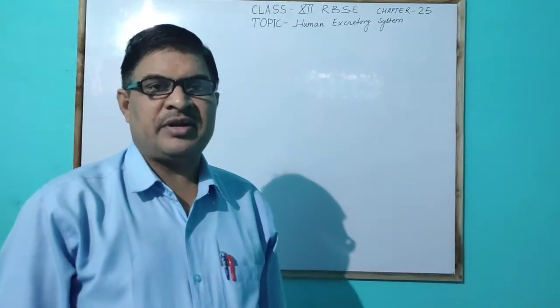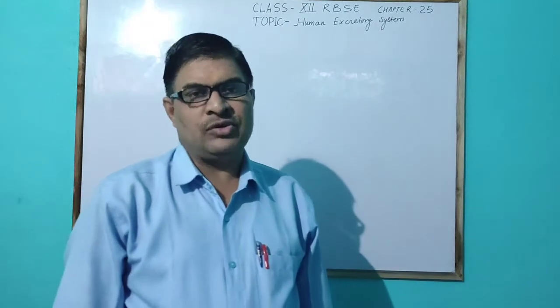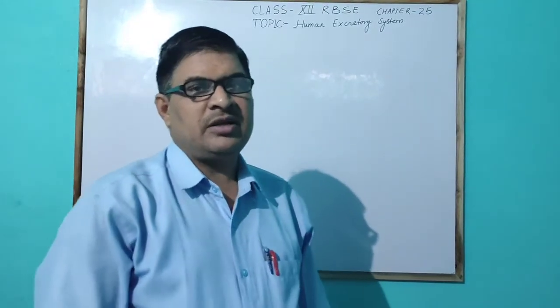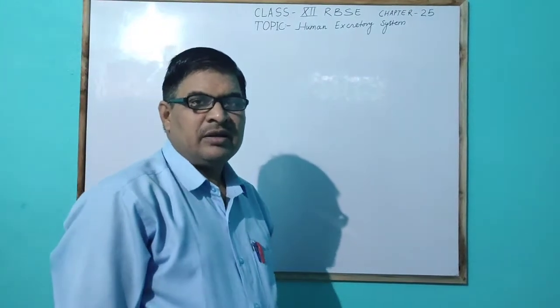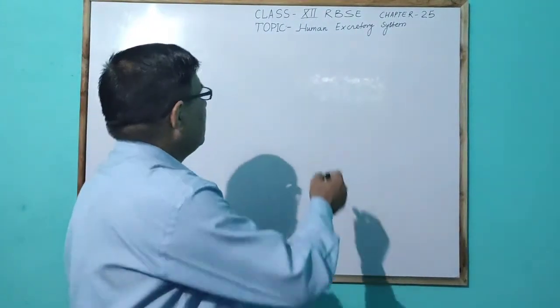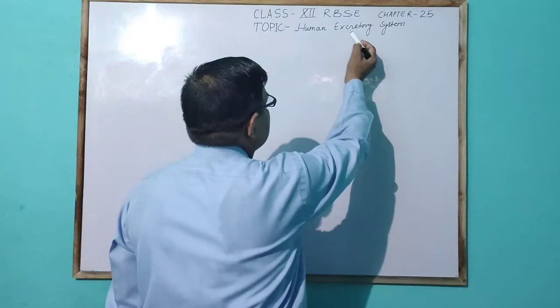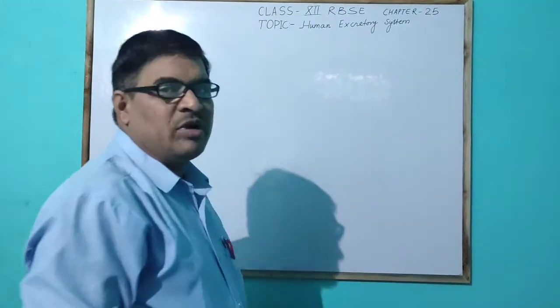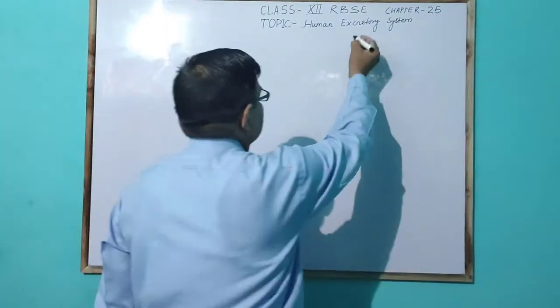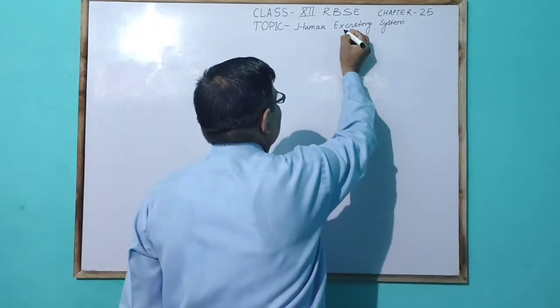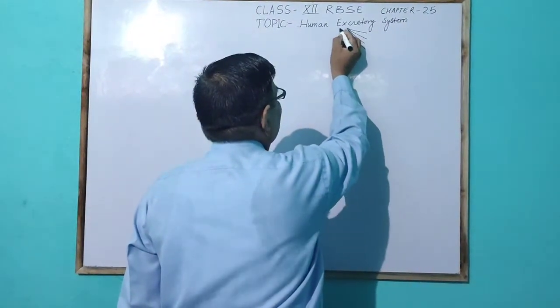As I have delivered different lectures in human physiology, in chapter 26 of class 12th RBSE, today I will tell you about the topic human excretory system. The human excretory system mainly has four parts. These parts are given below.